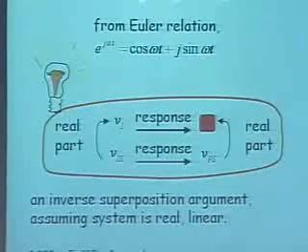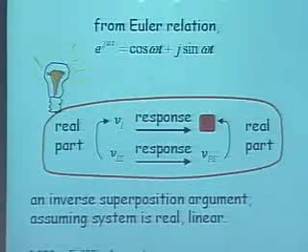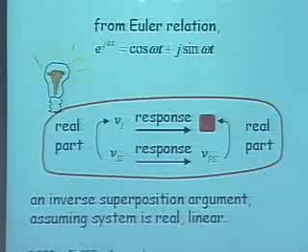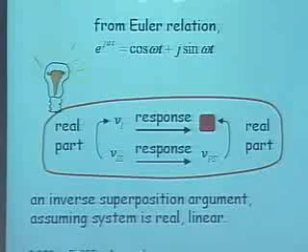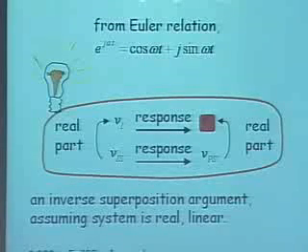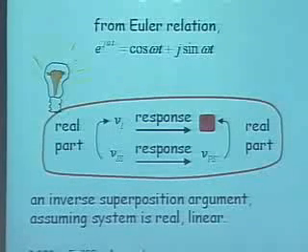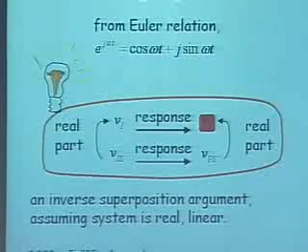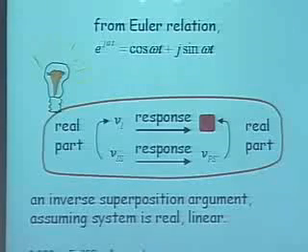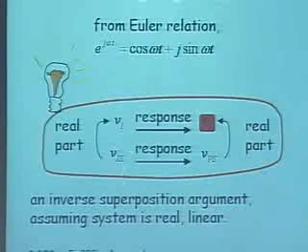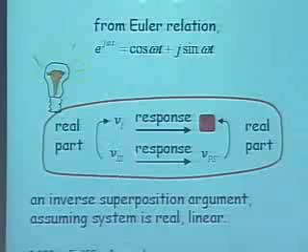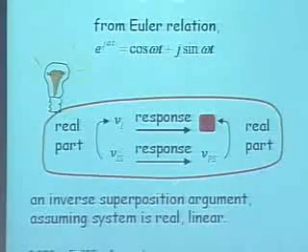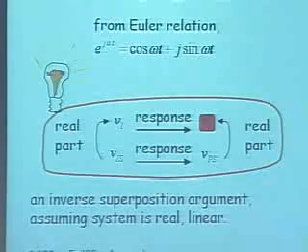For superposition, I said, take the response for A, take the response for B, add them up, you get the response for A plus B. Here what we're saying is that get the response to A plus B, or to A plus JB, and the real part of the input will produce a response given by the real part of the output. Okay, so this is an inverse superposition argument. So if it's a linear circuit, then if VI is a real part of this sneaky input, then I find the response to the sneaky input and take its real part, I should get VP.